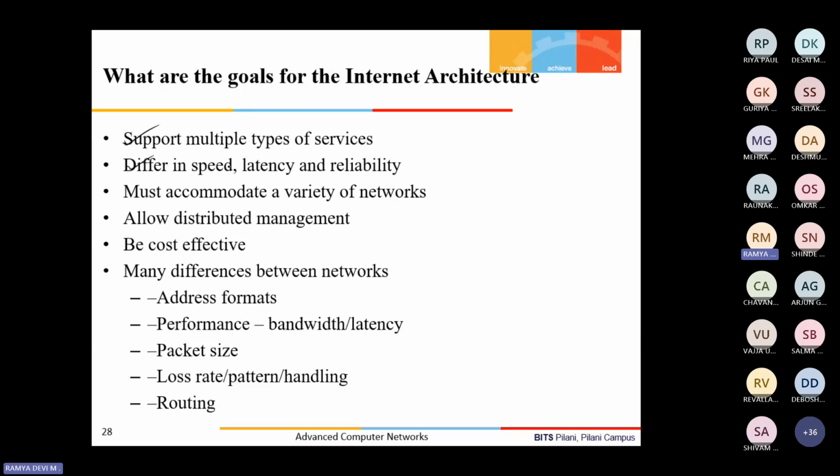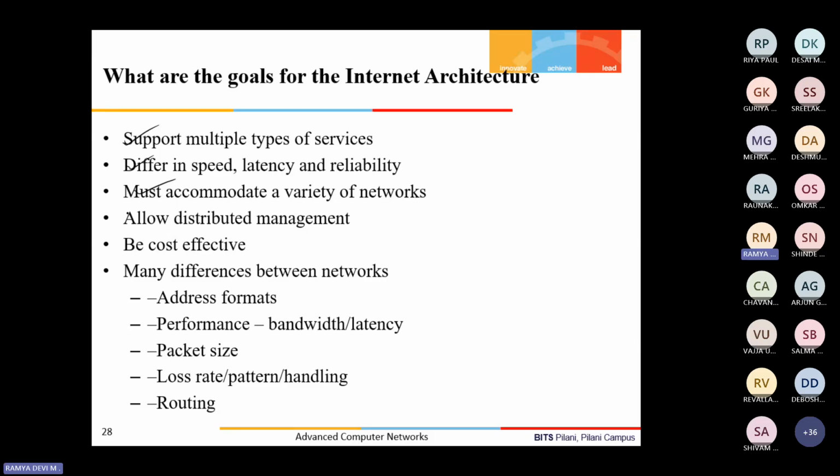The architecture must also accommodate a wide variety of networks. Whether it is a wired network, a wireless network, a fast network, a slow network, a reliable network, or a lossy network, it should adapt to everything, from wireless communication to fiber optic communication.